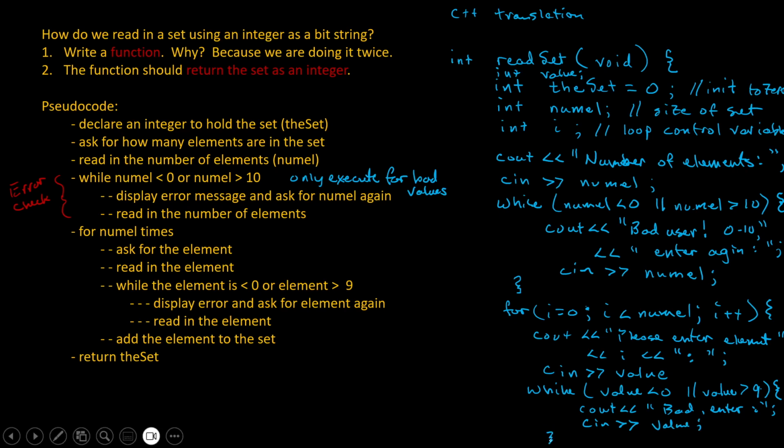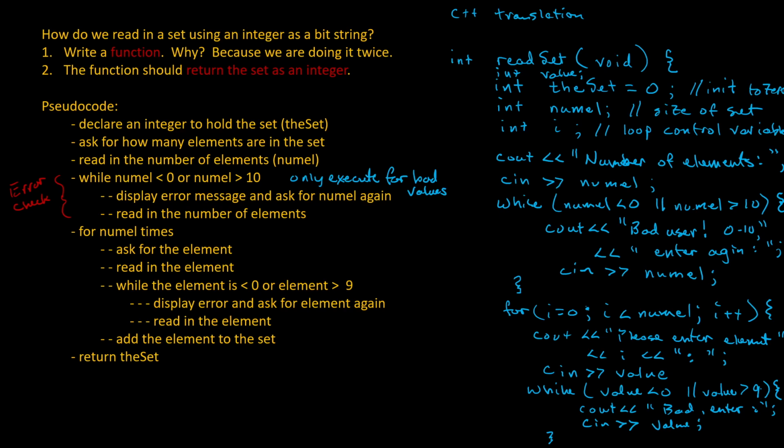And now I'm going to finish it up over here, because I've only got a couple of things left, so I'm going to finish it up underneath. So now I'm down to add the element to the set. How do I add the element to the set?